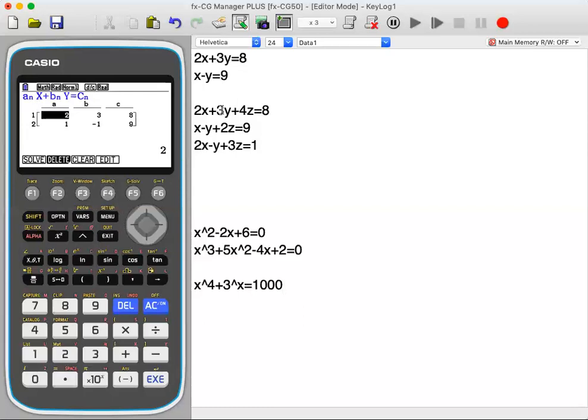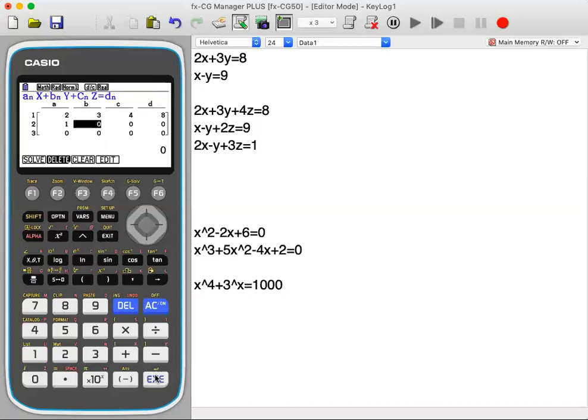Now let me show you how to solve for 3 unknowns as well. In this case, press exit first, press simultaneous, number of unknowns 3. Obviously I press F2. Now you're going to once again type the coefficients. So 2, execute, 3, execute, 4, execute, 8, execute.